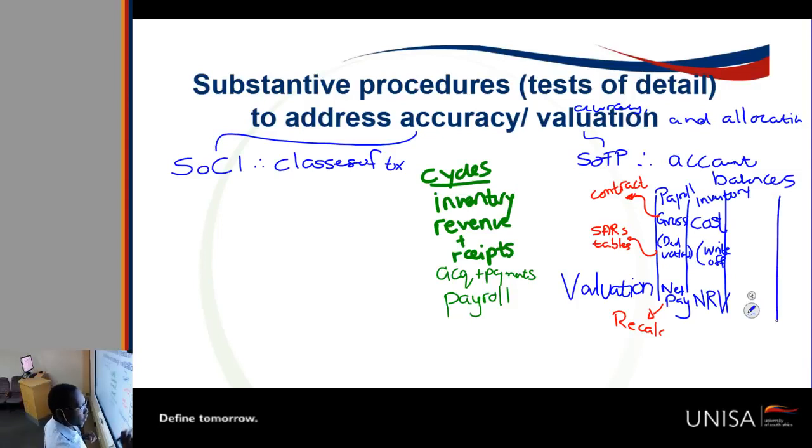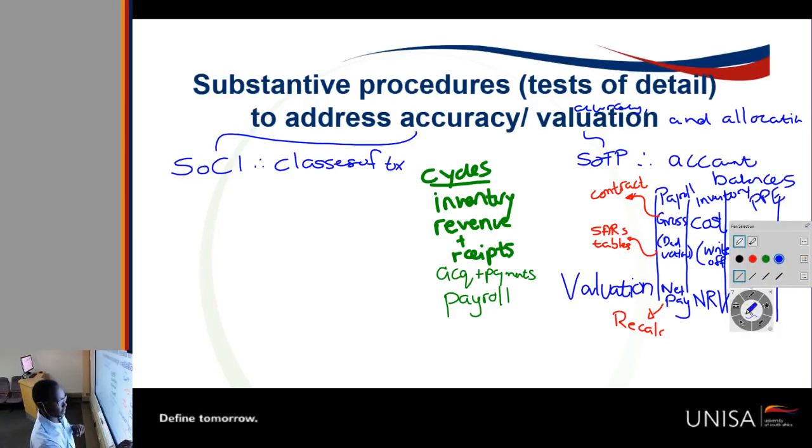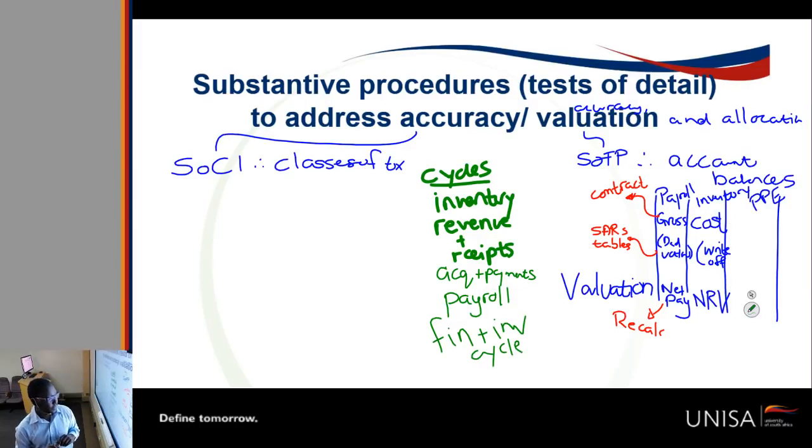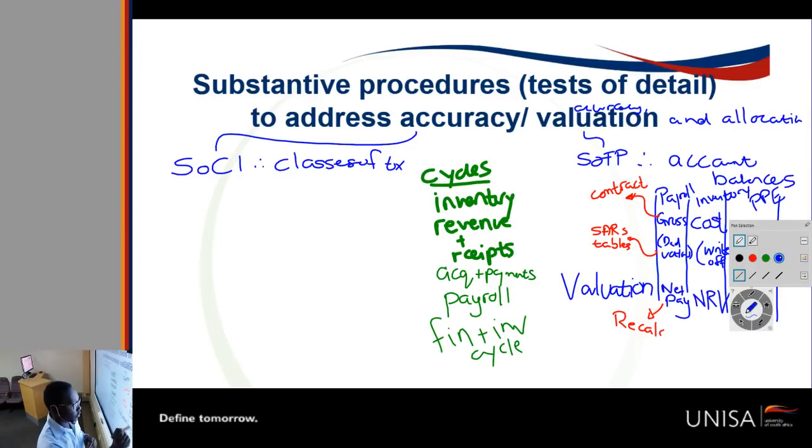Also do it for PPE in our finance and investment cycle. Oh, that was the cycle missing here, our finance and investment cycle. For PPE, our gross value is cost.